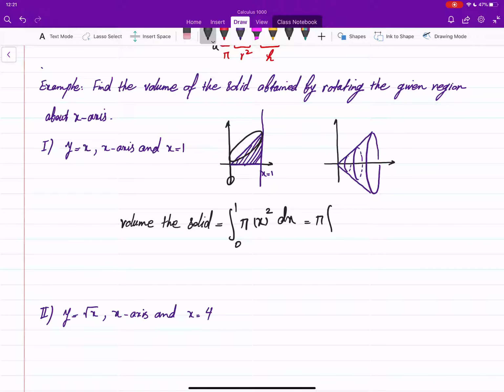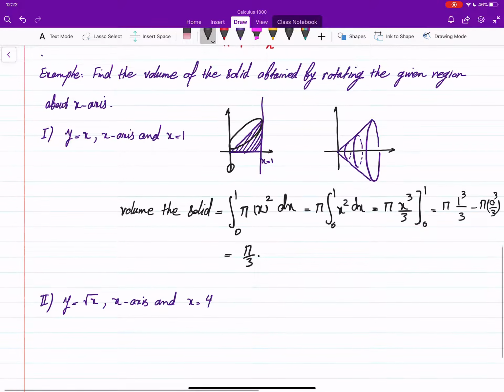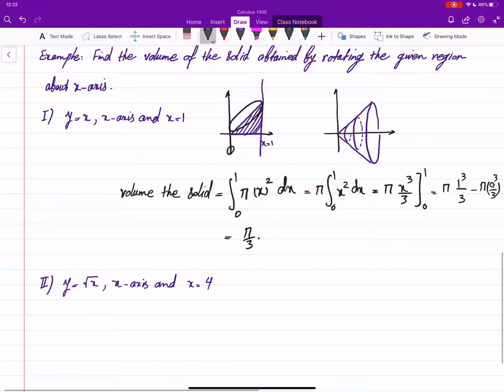Now find the antiderivative of x squared, which is x cubed over 3, going from 0 to 1. This will give us pi times 1 cubed over 3 minus pi times 0 cubed over 3. And that is nothing but pi over 3. The volume of that object is going to be pi over 3.